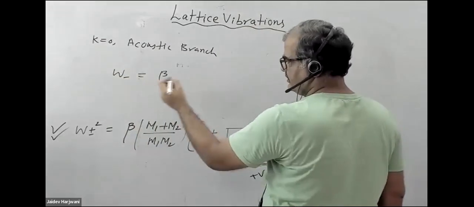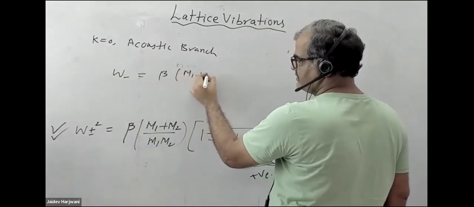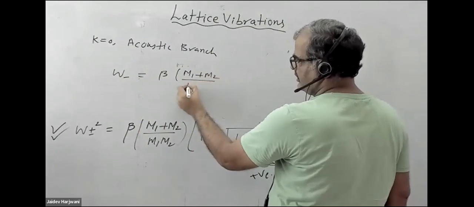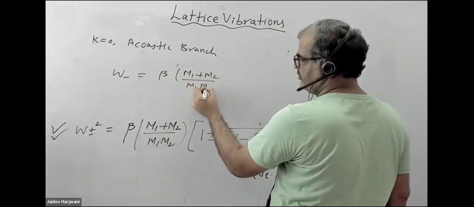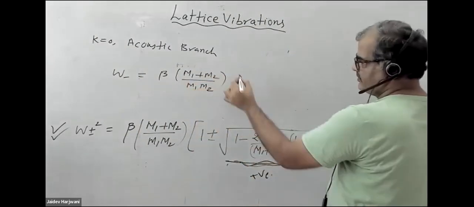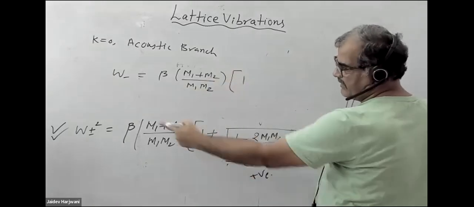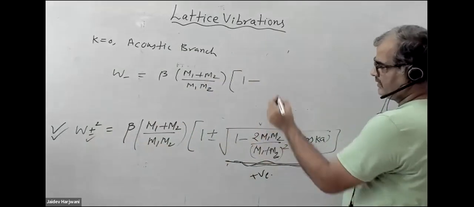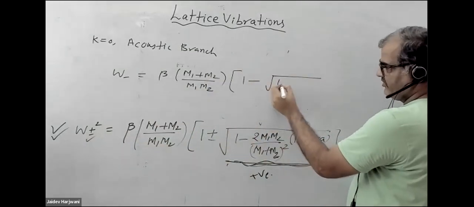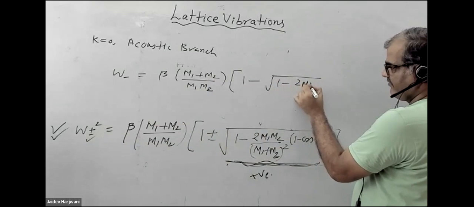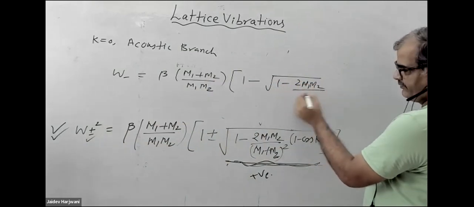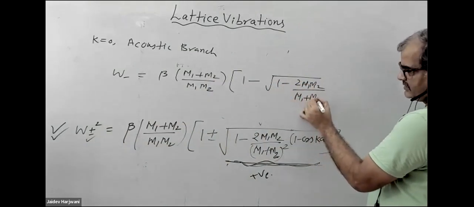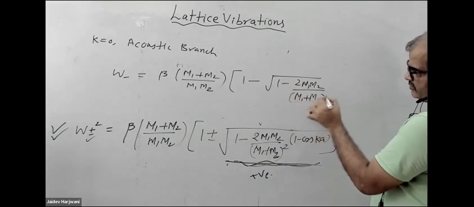This becomes beta (m1 + m2) over m1 m2, and this becomes 1 because I'm taking the lower branch, so I'll take minus, minus under root 1 minus 2 m1 m2 over (m1 + m2) square.